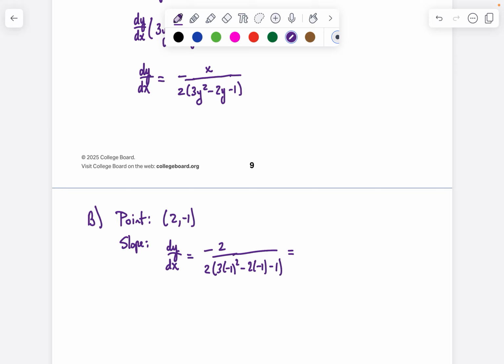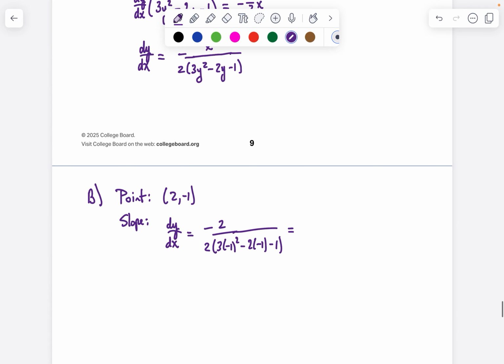And I am going to go ahead and find out what this value is, since I'm going to need to plug that slope in. Now, the nice thing is those 2's would just cancel, right? So I'm going to have -1 over, and so this would be what, 3 plus 2, so 5 minus 1. So -1/4 is my slope.